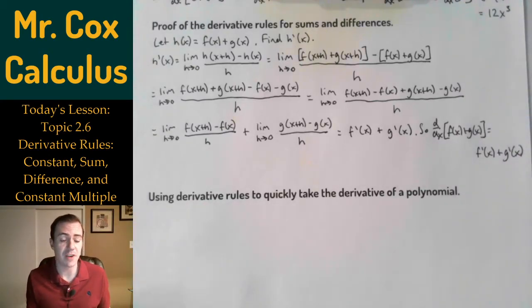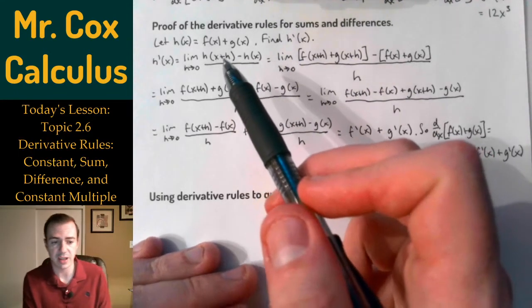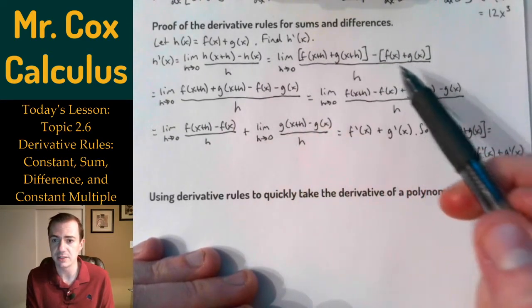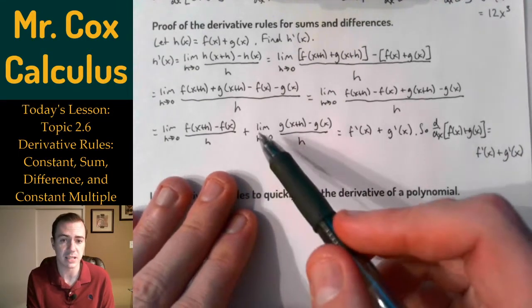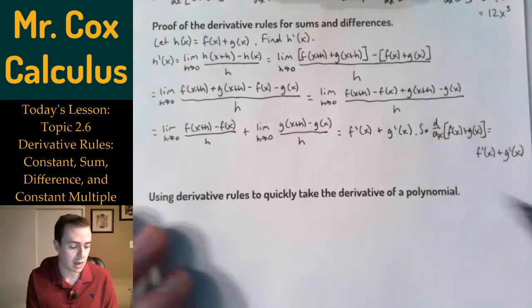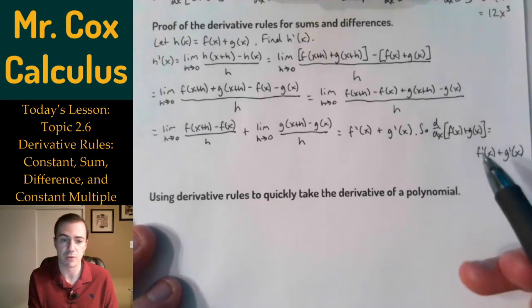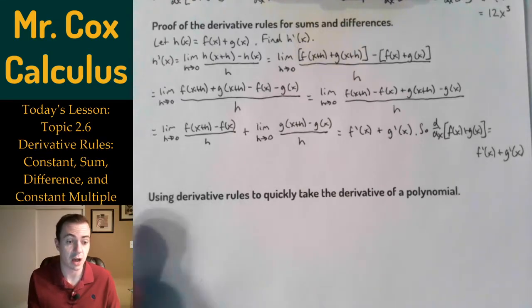If I did this same proof with f of x minus g of x, a lot of my signs would be alternating, but I would end up in the same place, except with a minus sign in front. So this rule for a sum also applies to differences of functions.